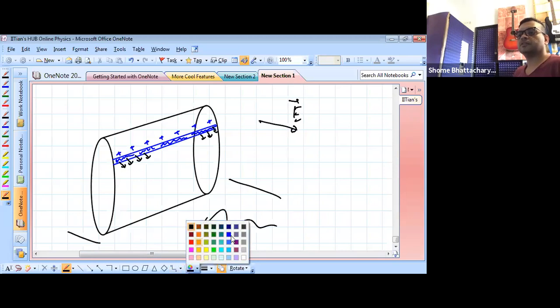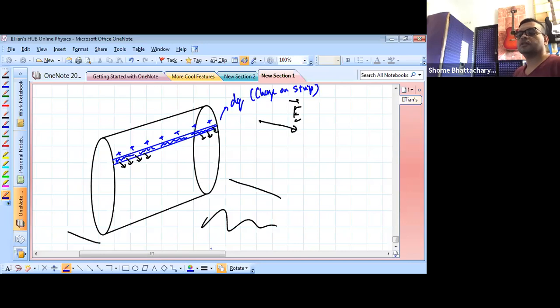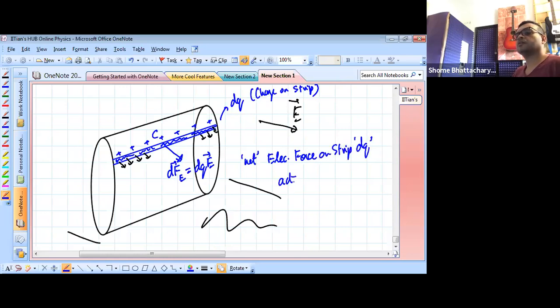So if this strip has a total charge of dq, then the net electrostatic force acting on it will be dq times E. So the net electrostatic force on the strip dq acts along the electric field, but through its midpoint.